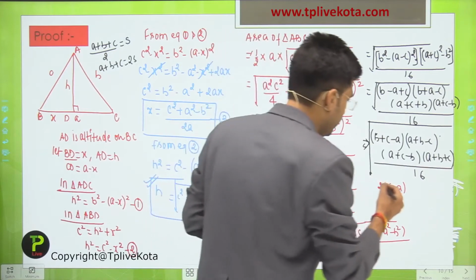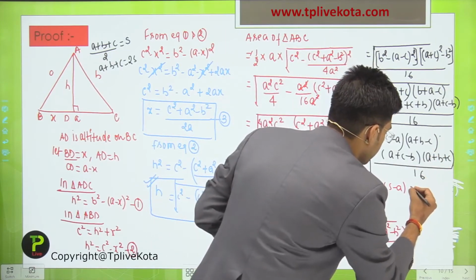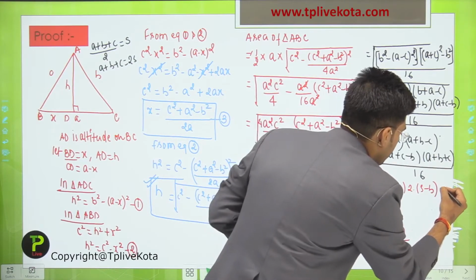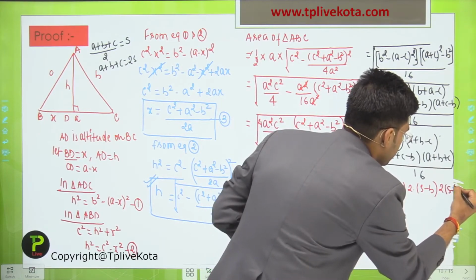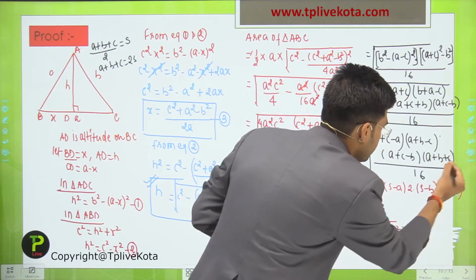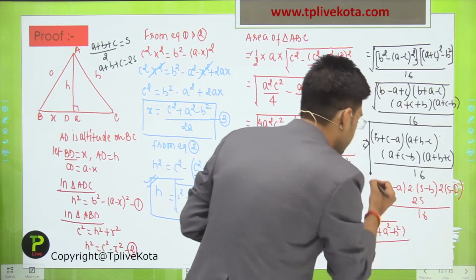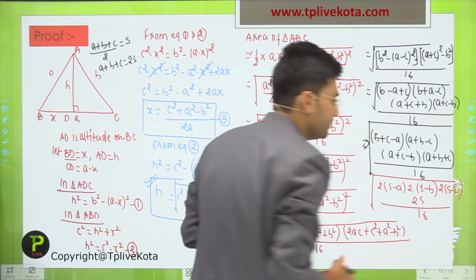And this is 2 times (s minus b), 2 times (s minus c), and this is 2s, divided by 16, and there is a square root.